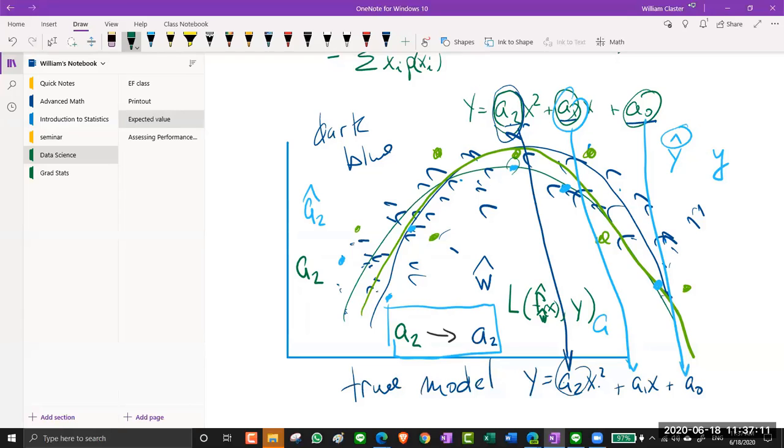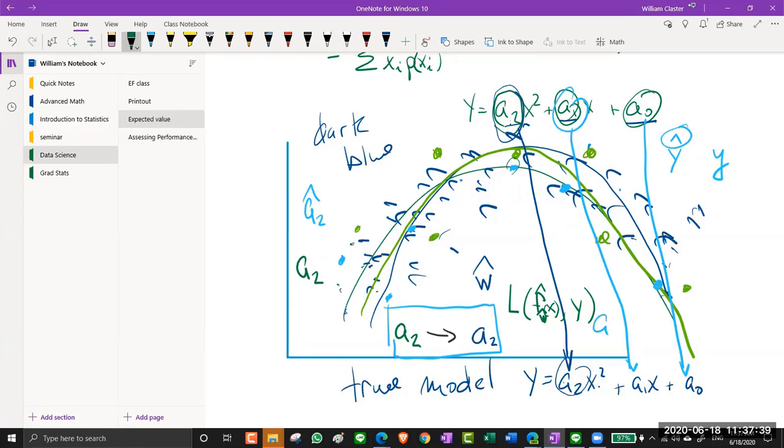So these coefficients that come from the dark green model, or the light blue dots, only estimate these. They're not exact. So we'll say that the estimate of the dark blue A2 is this A2.